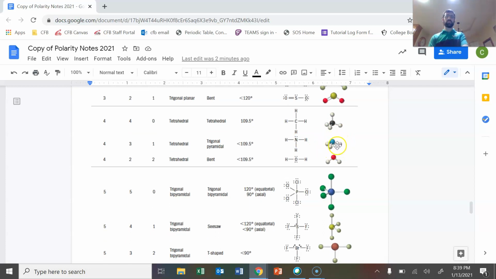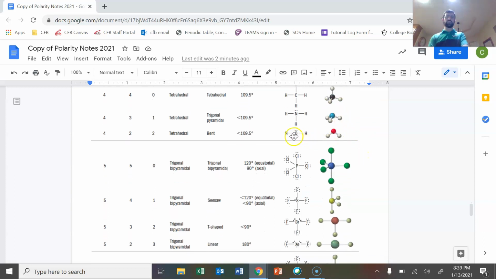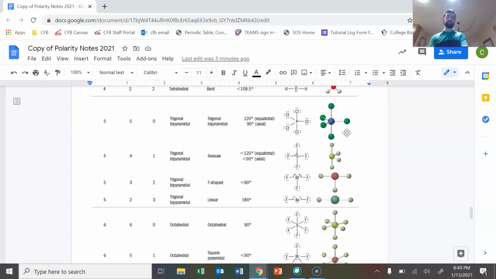And even though we've got three dipoles, they don't cancel each other out, so this is still a polar molecule. H2O, it looks linear, but you got to think in terms of three-dimensional shape. Those two lone pairs will make it a bent molecule like we see over here on the right. And because it's bent, those dipoles don't cancel out. This is a polar molecule.